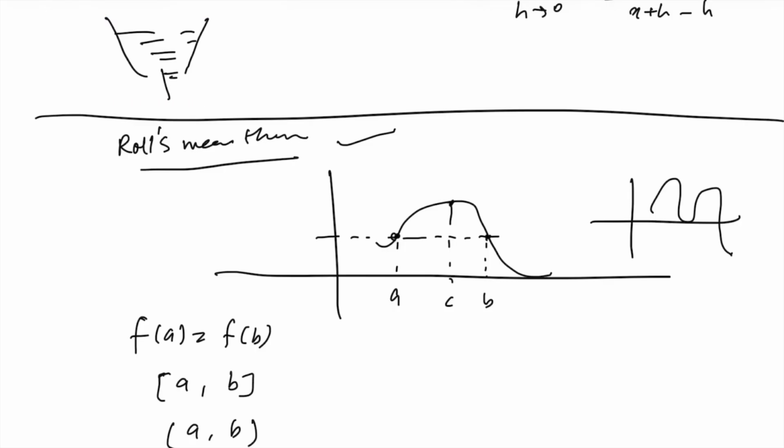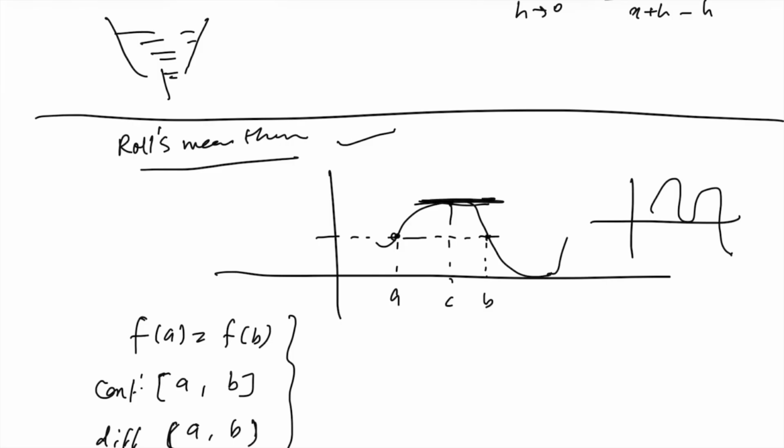Why have I used the open bracket in the differentiability case? Because for continuity it should have the value at A and B. For differentiability, we can't assume that it would be differentiable at A because it could have a different slope at A and B. So that's why we used the open bracket. If these conditions are met, then there would be a point C where the slope must be 0.